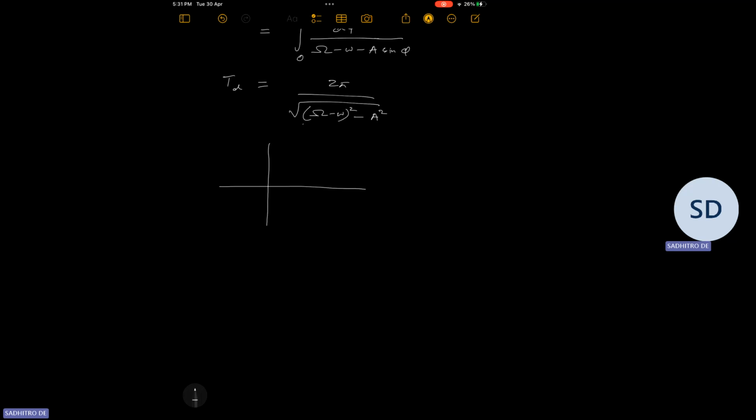So we can call this f of phi, as a function of phi. So you can have something which looks like this.